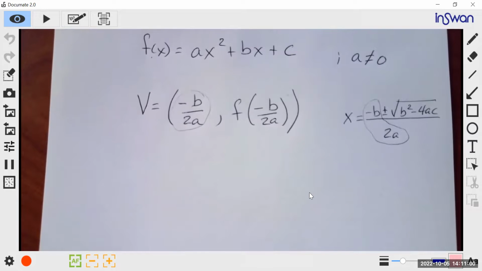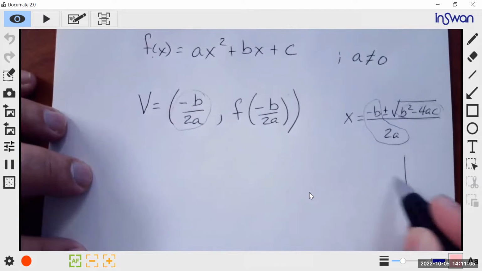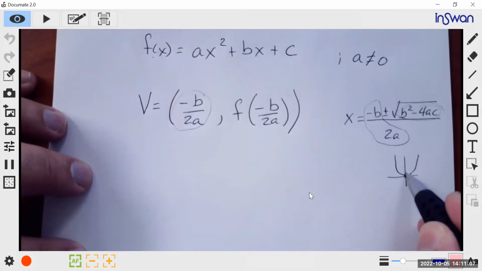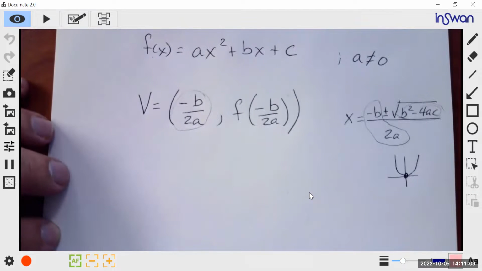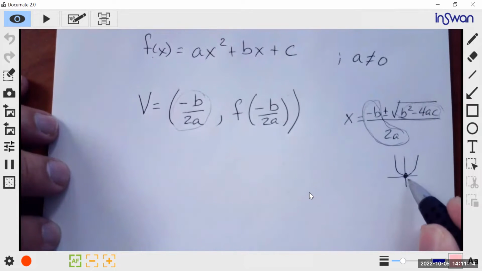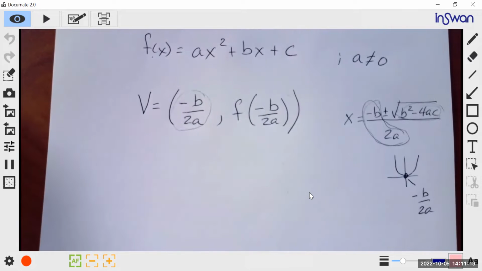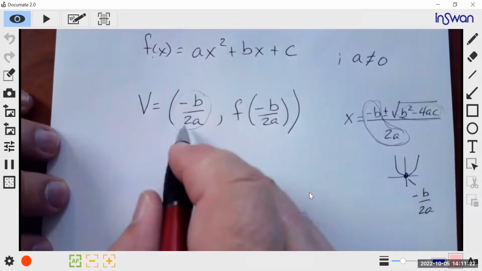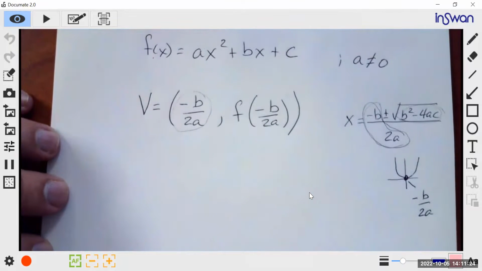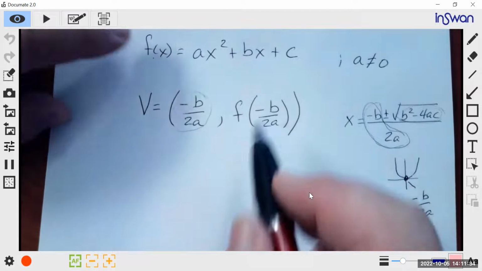Because remember I said when we talked about the discriminant, if this equals 0, then we have the graph that only touches the x-axis in one point. The point it touches at is negative b over 2a. That's the x value of the vertex. That's the axis of symmetry. And then once you find the x value, plug it back into the original equation, that'll give you the y value of the vertex.